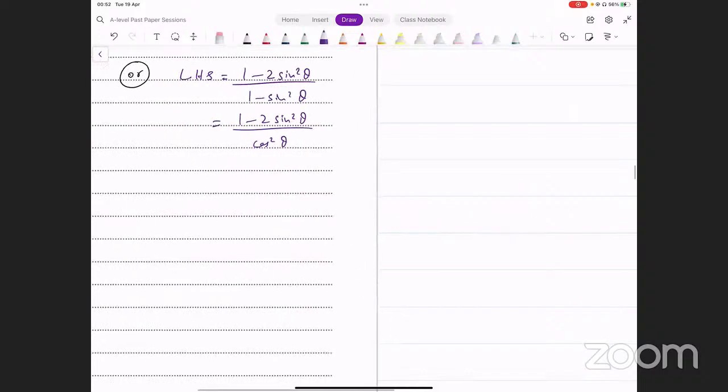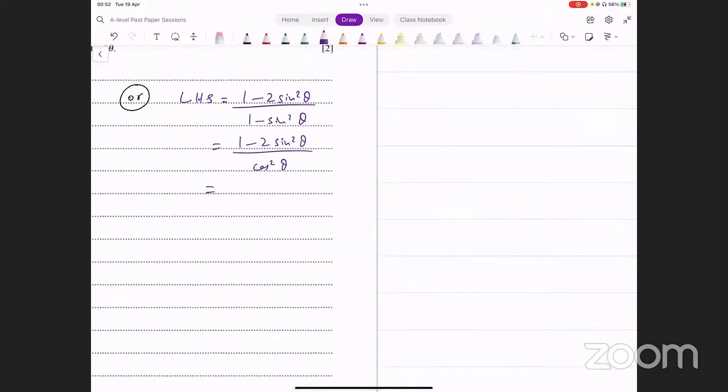We could say it's the same thing as saying 1 minus sine square theta minus sine square theta, इसको दो पार्ट्स में ब्रेक कर लें, right, that divided by cos square theta. जो 2 sine square theta लिखा हुआ था उसको मैंने लिख दिया sine square and sine square separately, and then that's the same thing as saying 1 minus sine square theta, this becomes cos square theta minus sine square theta over cos square theta, right?